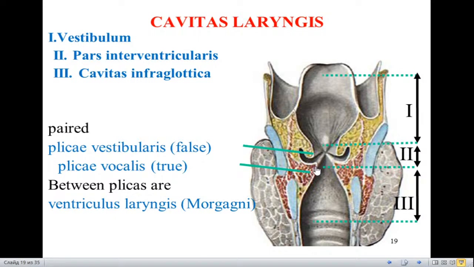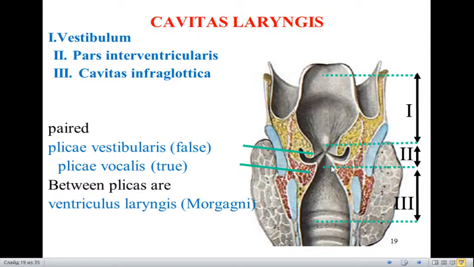When we are talking, the air exits from the lungs under pressure, and because of this the vibration of the rima glottidis happens, and resonation of our speech happens due to the nasal cavity, pharynx and paranasal sinuses.